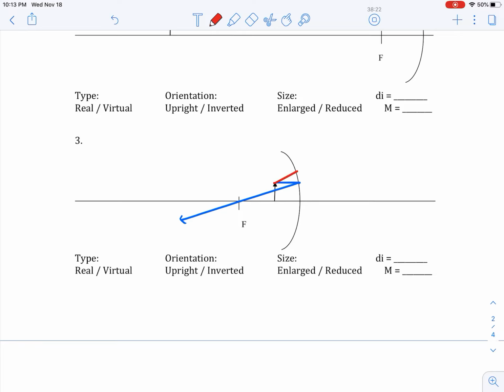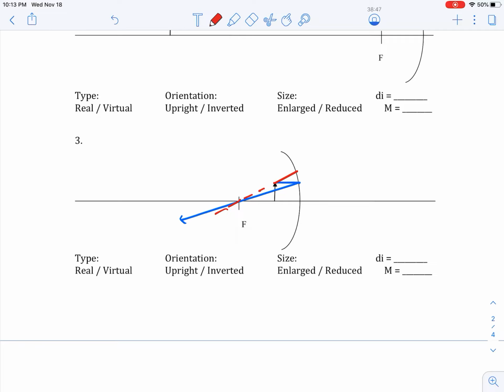Some students are tempted to take this line and draw it into the mirror, but then they feel like they need to do a dotted line to go through the focus. Guys, is our eye going to see this path of light? No. This is the light that goes into the mirror.